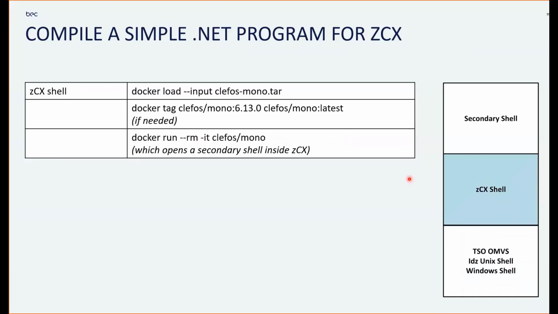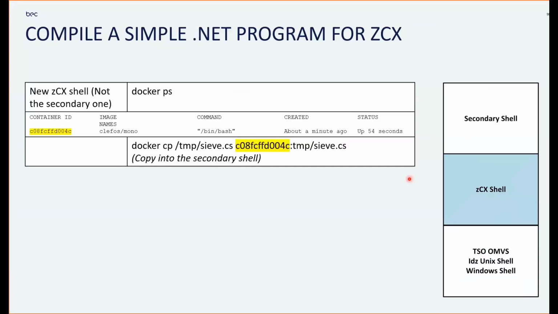So what we do now is we have started a Docker container with Mono in it, and it opened a secondary shell inside zCX. So now we have Mono running in Docker, but we need to push the source into the container. So we opened another primary zCX shell and said docker ps, which shows the containers that are running.